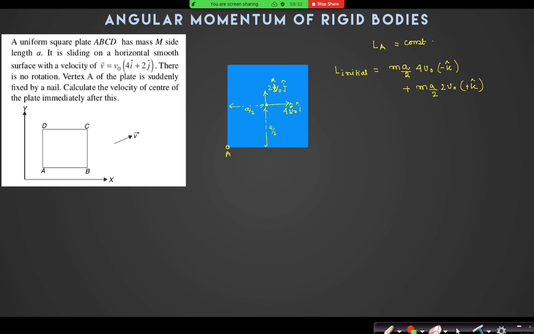Due to that acceleration there will be a pseudo force that will not pass through A but will pass through the center of mass. So that pseudo force can have a torque about A. Can I conserve angular momentum about point A? Or you can say it is A prime actually. A prime is just below A.